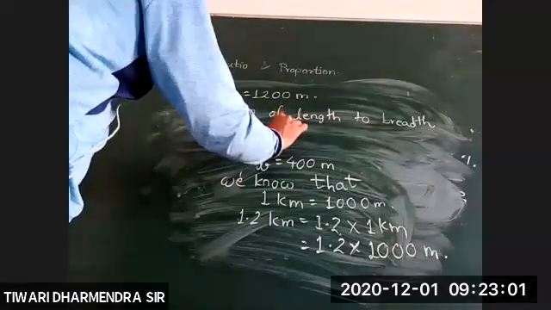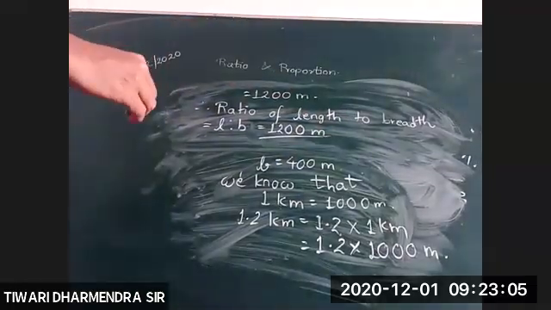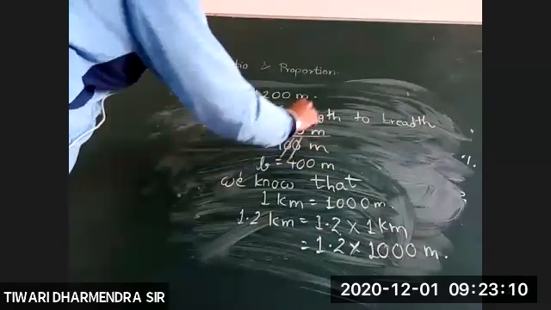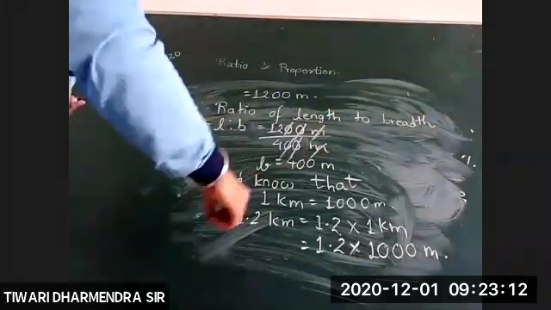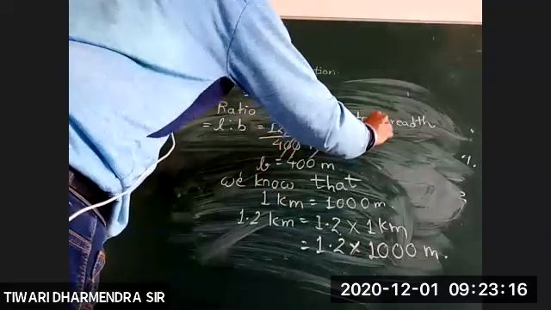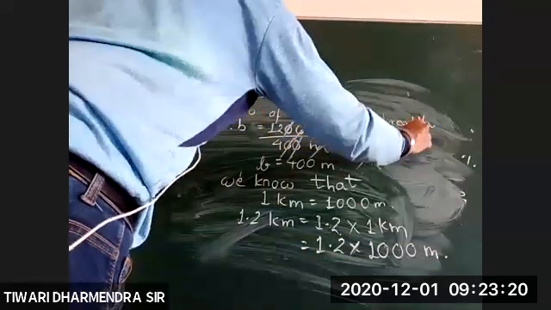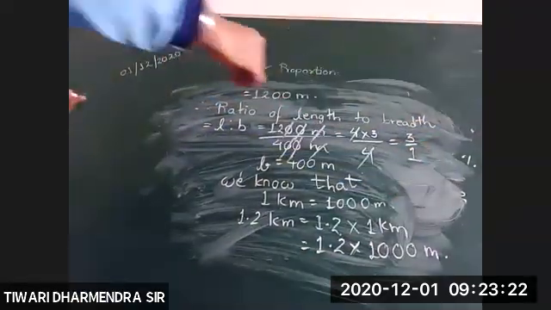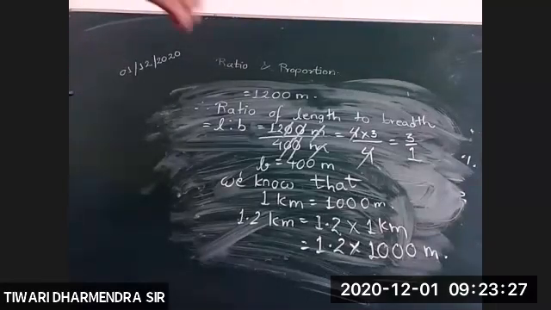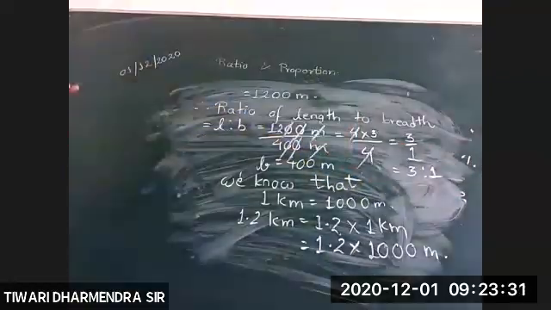Length I got as 1200 meter divided by breadth, 400 meter. 0 gets cancelled, 0 gets cancelled. 4 threes are 12, 4 gets cancelled. So what we get is 3:1.